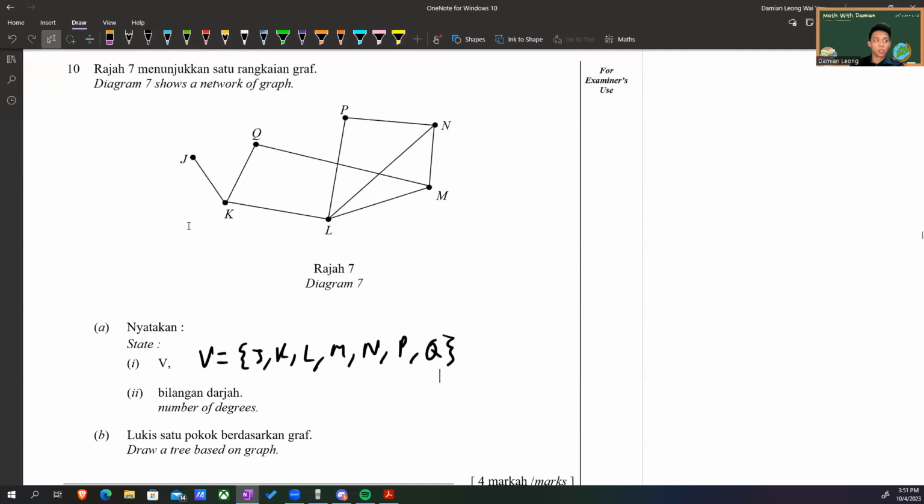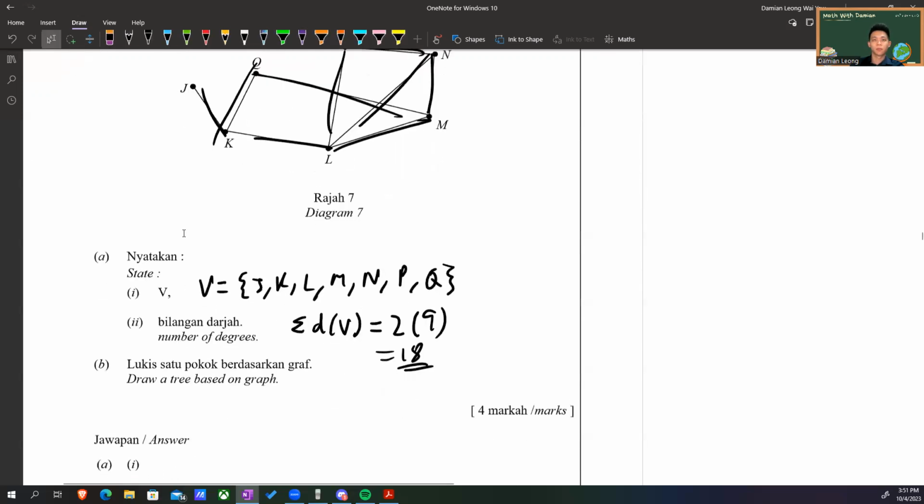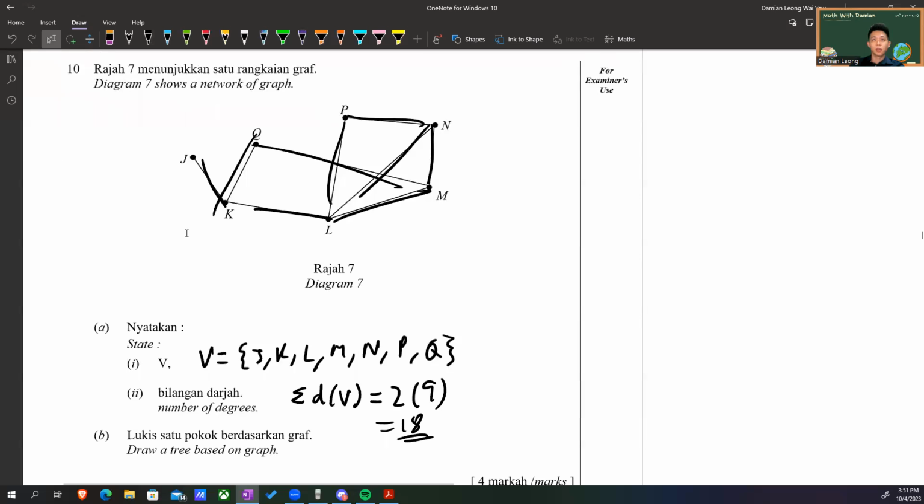Number of degrees, so the sum of degrees for all the vertices, basically. I can just take 2 times the number of edges. Number of edges: 1, 2, 3, 4, 5, 6, 7, 8, 9. So 2 times 9 is 18.